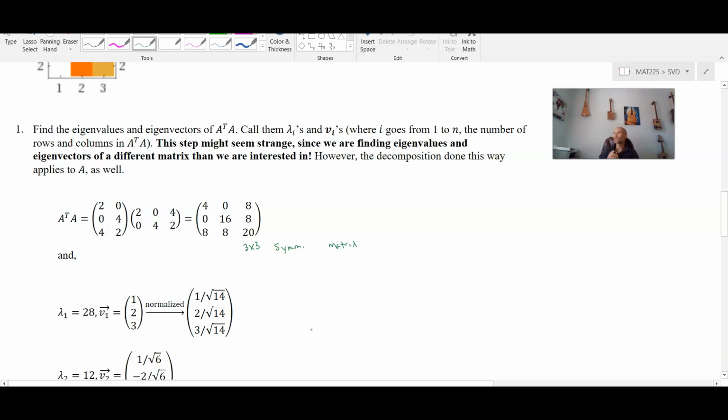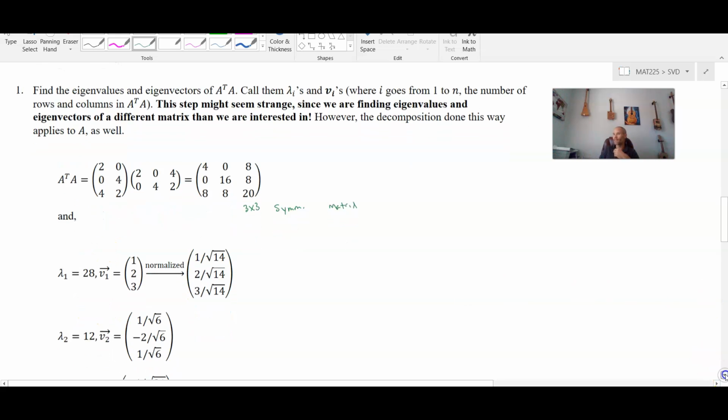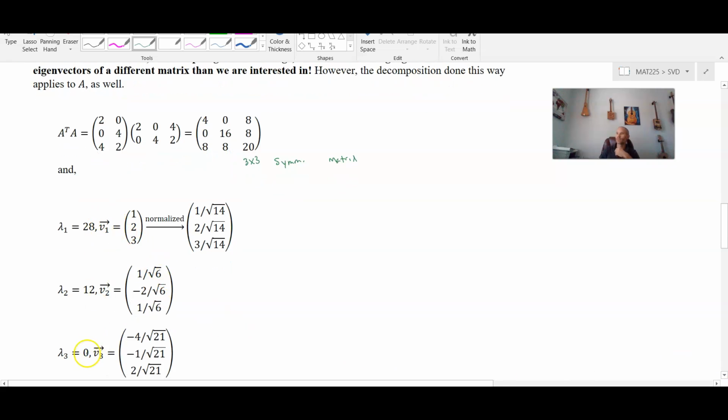Next, we are going to find the eigenvalues and eigenvectors of this matrix. Using technology, we would find that lambda 1, lambda 2, lambda 3 are 28, 12, and 0. And then I get some eigenvectors.